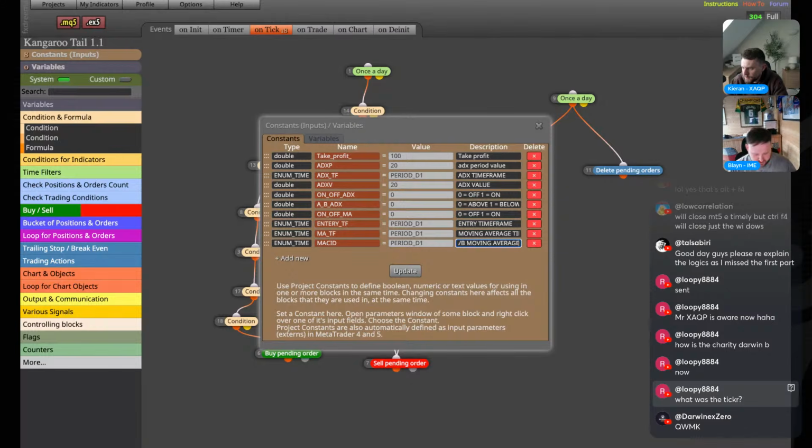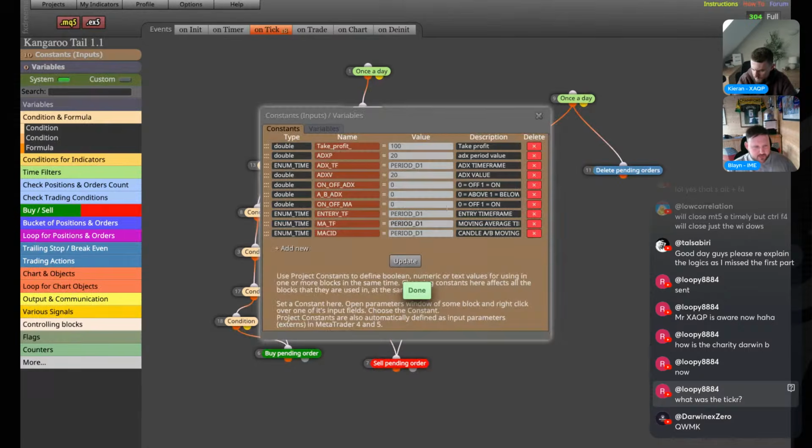So again, we can select what time frame we want that candle close to be, as well as the moving average. So let's say we're entering on the daily, but you want to have a look at the moving average in the 4 hour or anything like that. It means that we can look at these sorts of things to see if there's any way that it's going to be good.